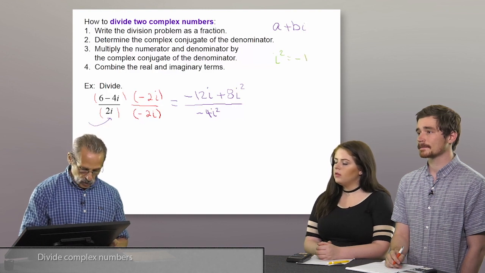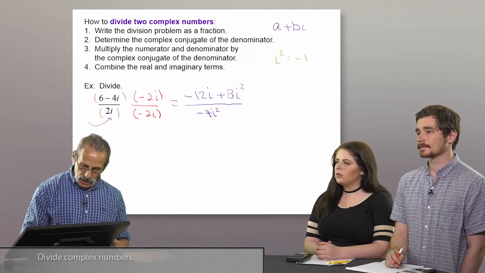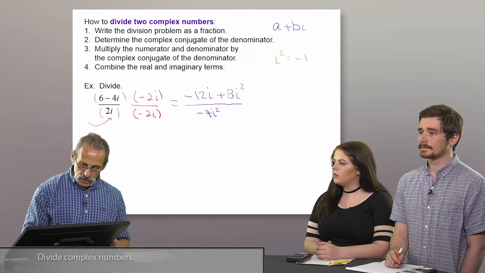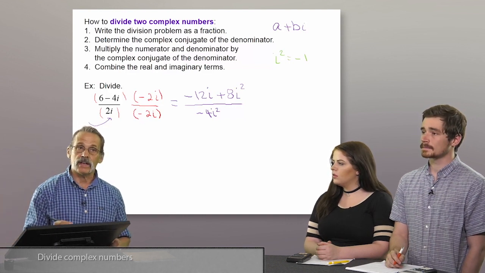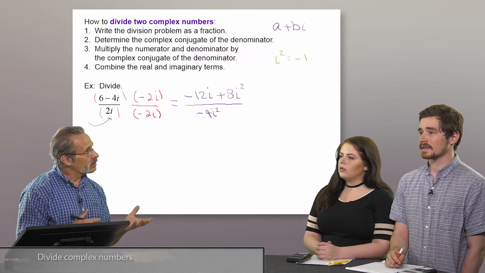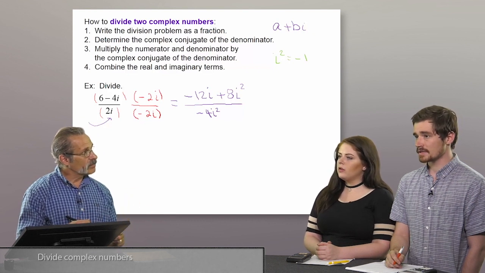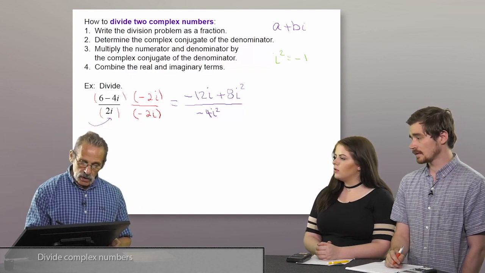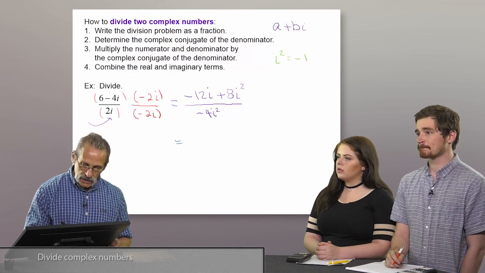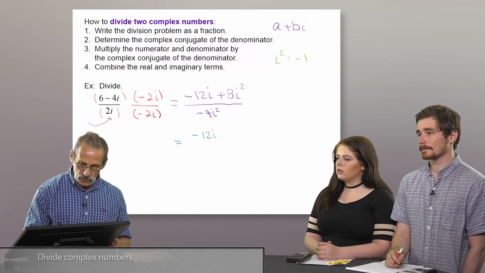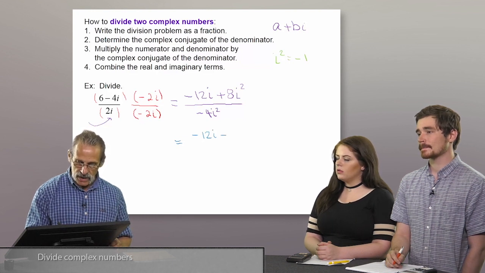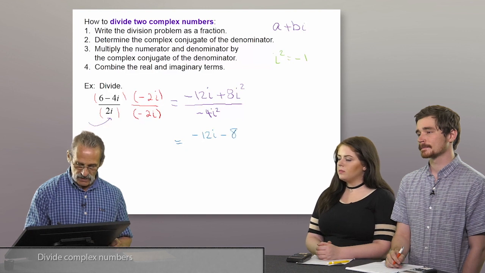So are you seeing my denominator as a number that's a real number? My denominator is actually positive 4. Good. So I'm going to go ahead and rewrite. I'll have negative 12i, and then I have plus 8i squared, but that's the same as negative 8.